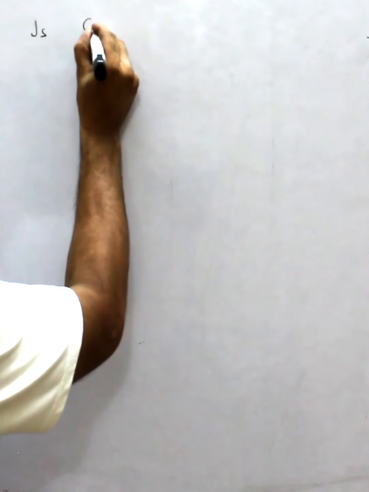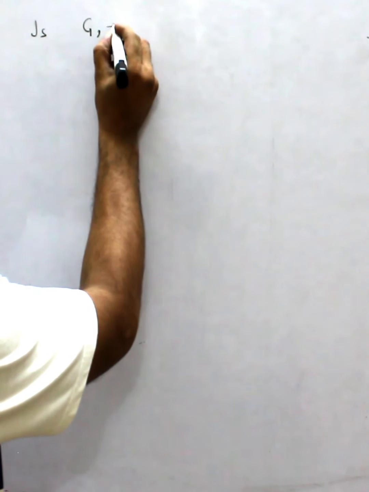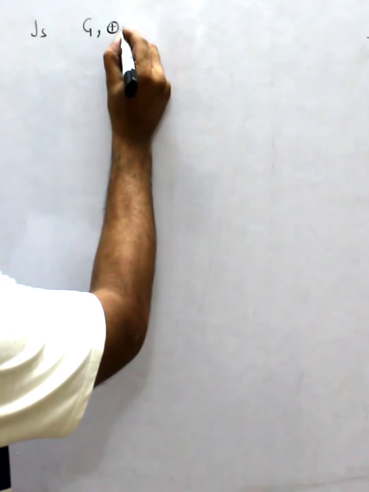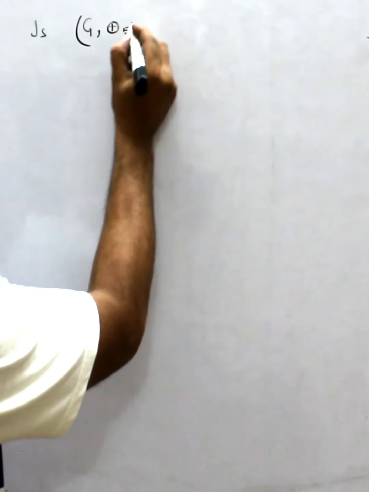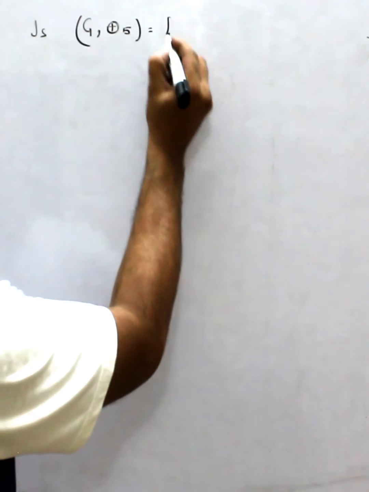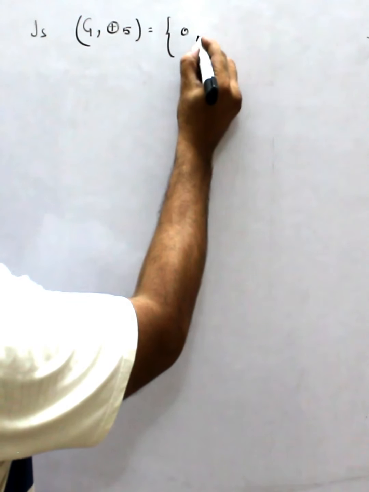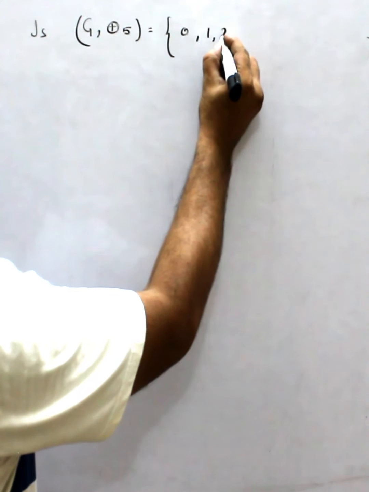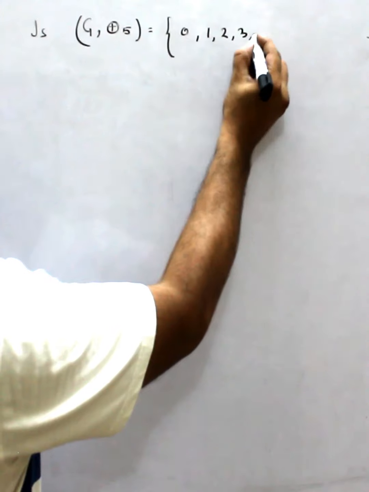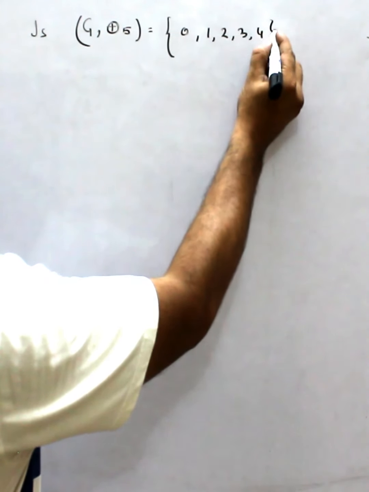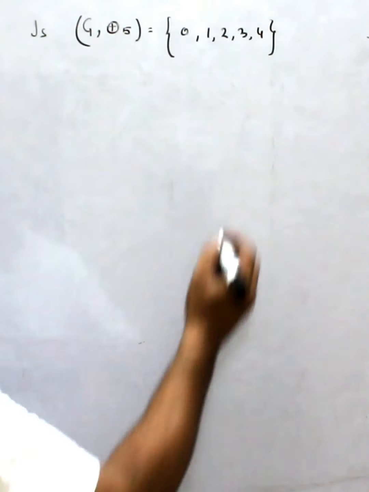Suppose G is the set {0, 1, 2, 3, 4} and the operation is addition modulo 5. Is it a group?